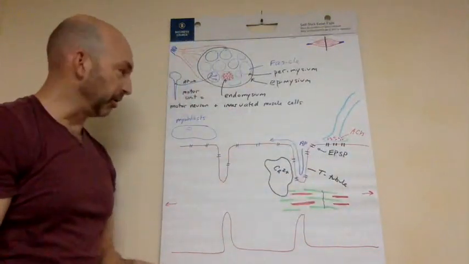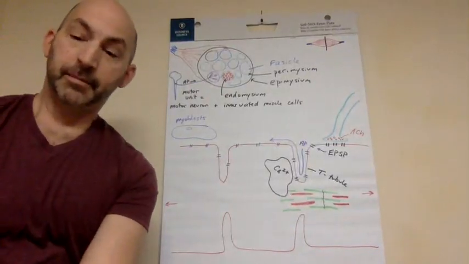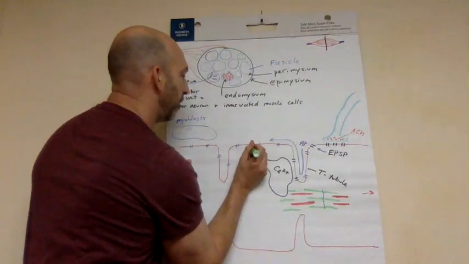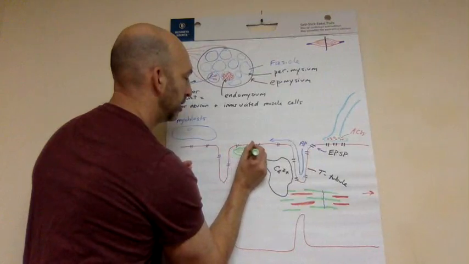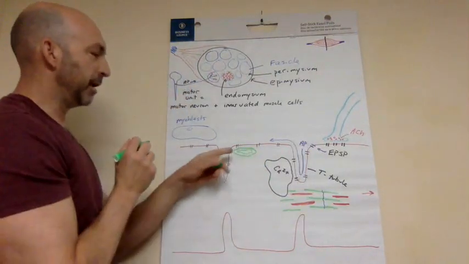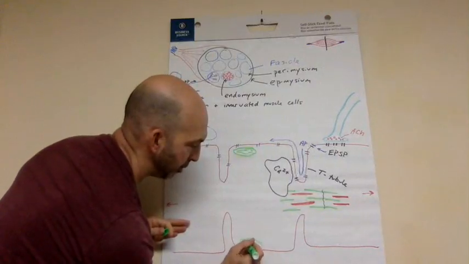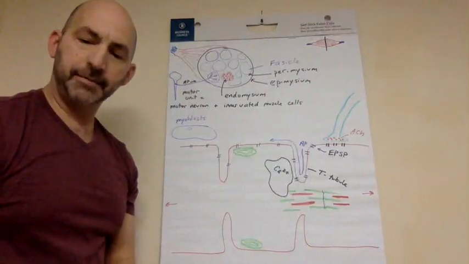And the other thing you have all over the place are the mitochondria. And many of the mitochondria, not all, but many of the mitochondria, they've got two membranes. Many of the mitochondria are found subsarcolemmal. The sarcolemma is the membrane. Label that.